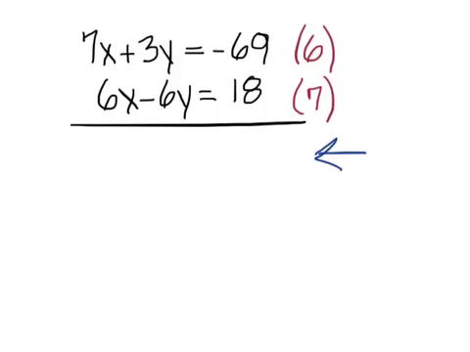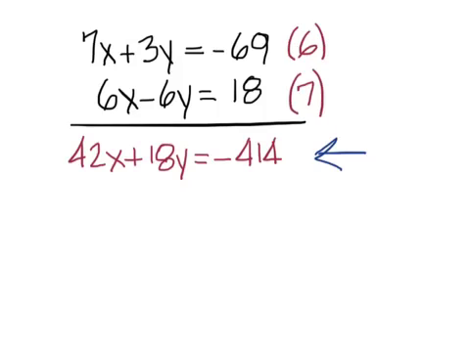What is the first equation going to be after you multiply through by 6? 42x plus 18y equals what? That's right. 42x plus 18y equals -414. So now you have to find the second equation by multiplying by 7.